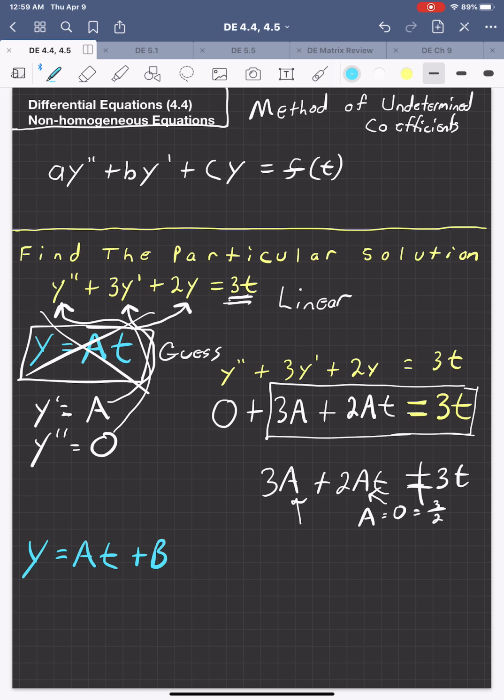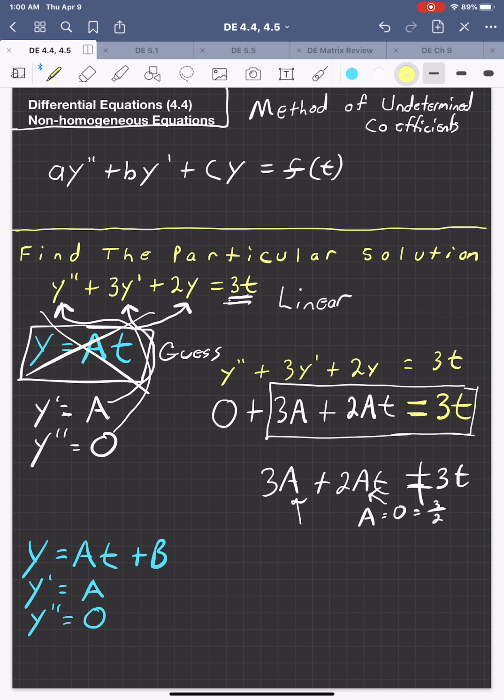If you had y equals mx plus b, that would be a line. So let's take a look at what y prime would look like, and what y double prime would look like in this case. Well, likewise, when you take y prime, you would still get a, and y double prime would still be 0. But this is actually going to work.